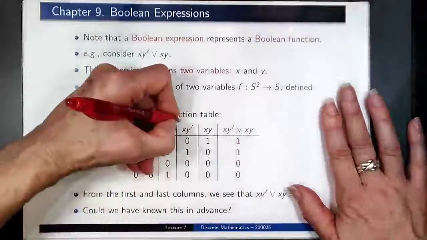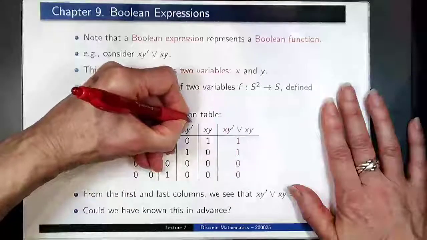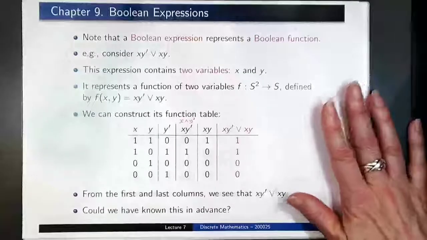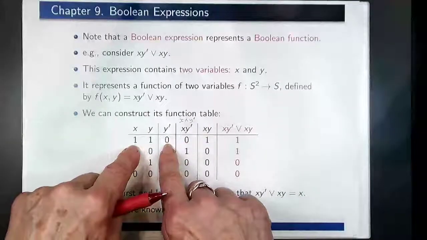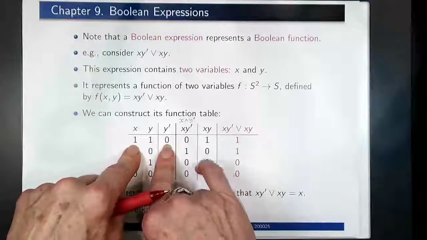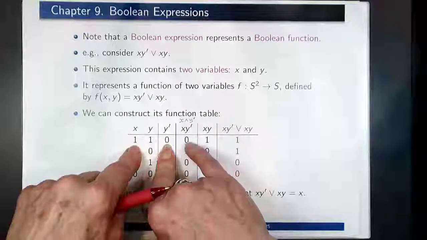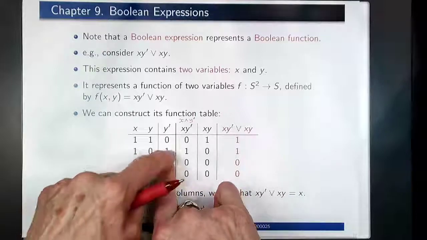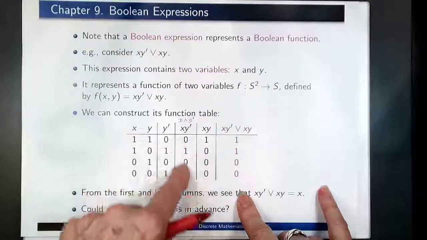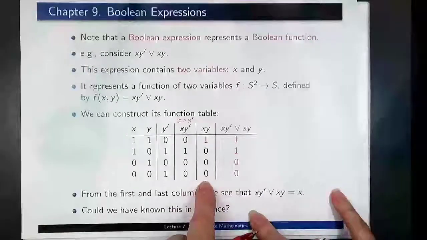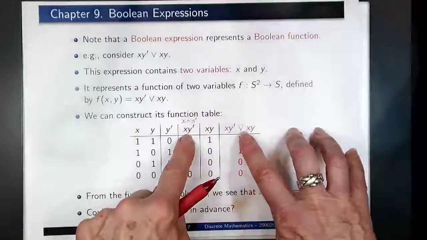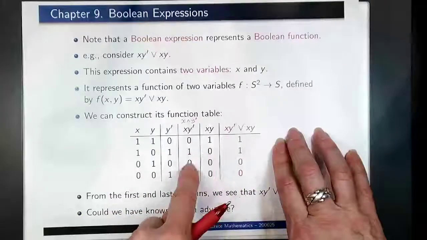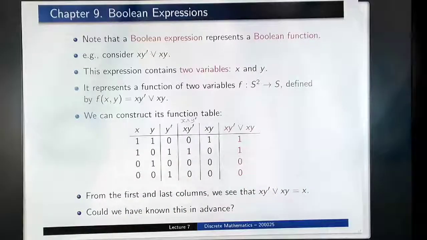Now remember that's x and y dash, which means if we're doing x and y dash, do we have x and y dash? No, we've only got one there, so it's 0. X and y dash, yes, they're both 1, so we get a 1, and so on. We fill in that column, we fill in that column, and finally we come to this, which is that or that. So we do the or there, and we come up with our final column.